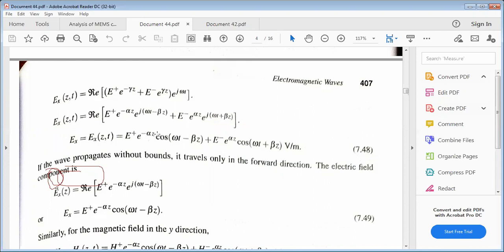Yes. So e plus into e power minus alpha z into cos of omega t minus beta z, plus e minus into e power alpha z, same e power j into omega t plus beta z, that is cos of omega t plus beta z volt per meter.